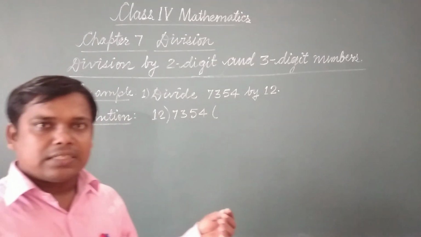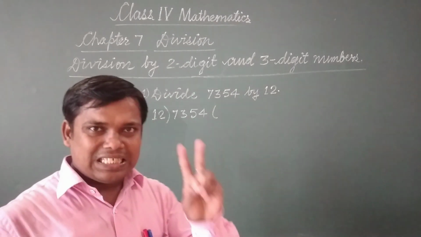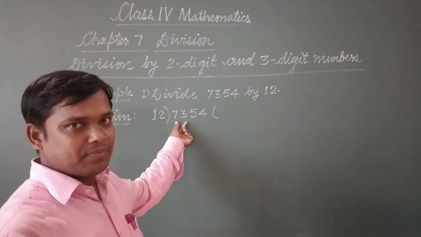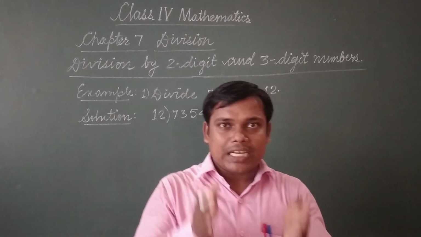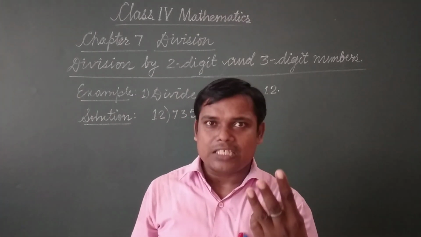As we are seeing, our division is of two digits, so we take two digits from the dividend. When we take two digits from the dividend and if it is smaller than the divisor, we will take three digits from the dividend.